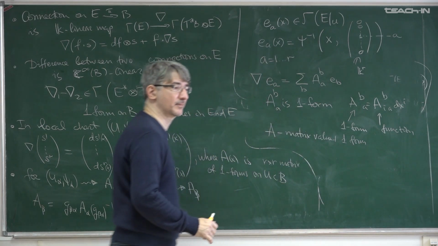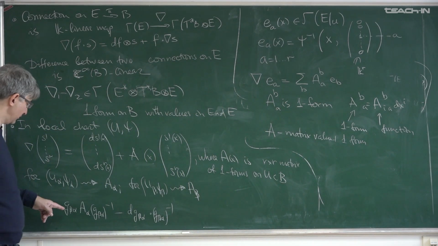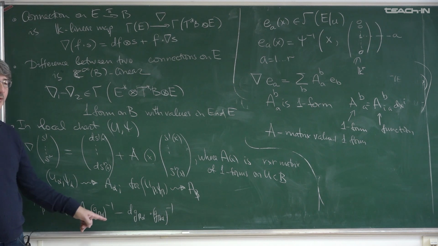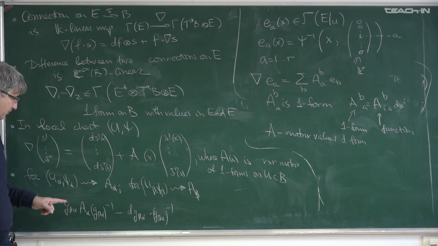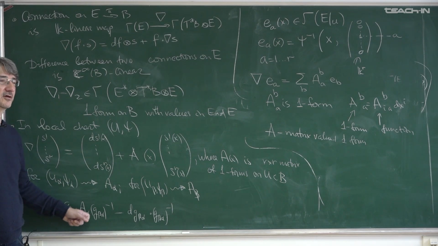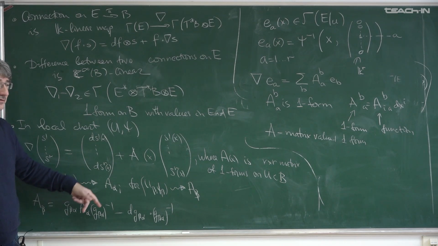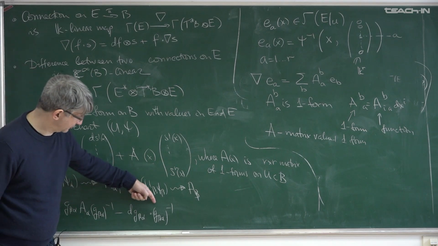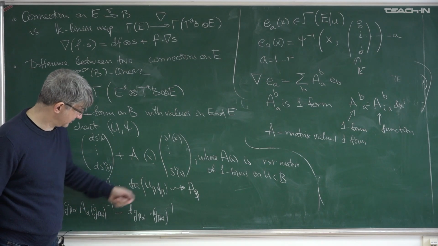That's why we write the formula in this way. We need to pay attention to the order of these letters. Never interchange them. This is the adjoint representation. Never interchange. And also be careful here.